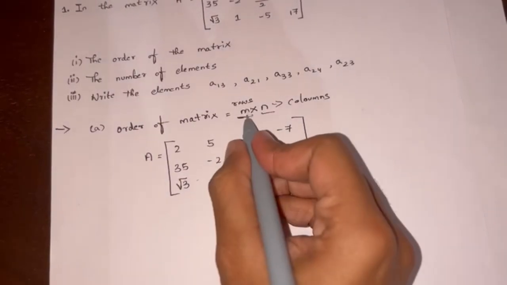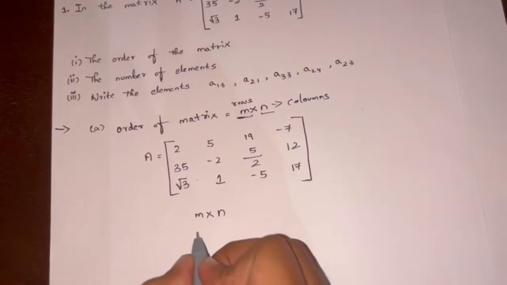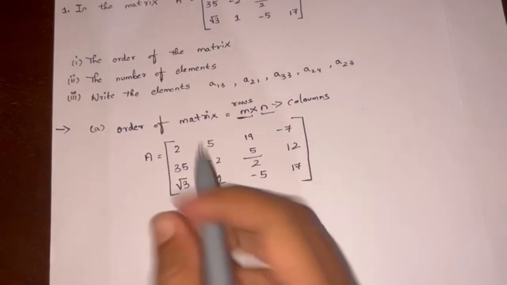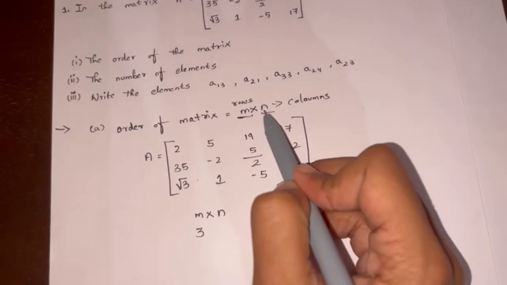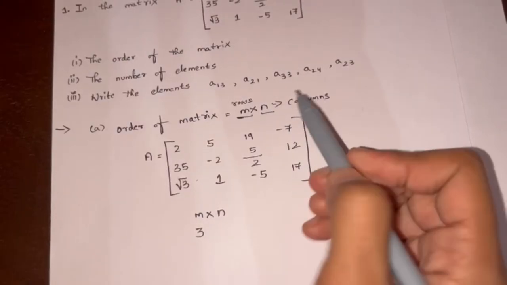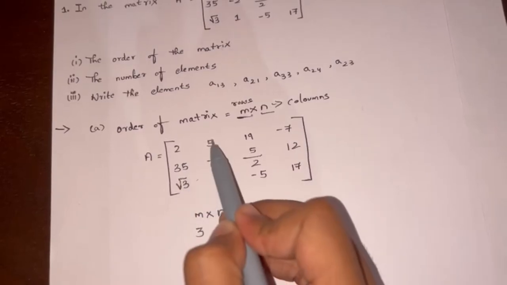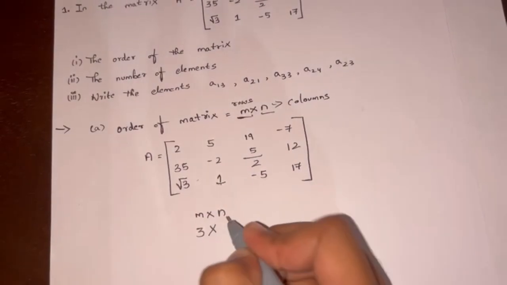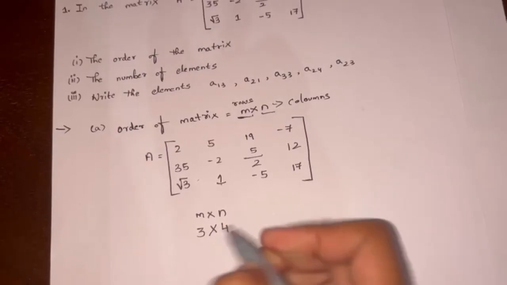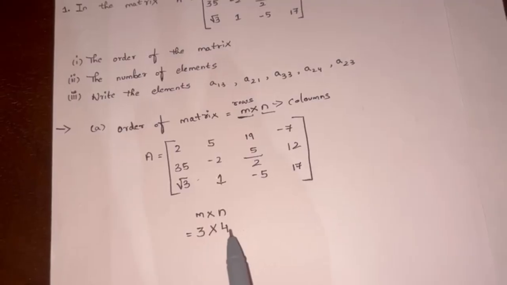So in place of M, we can write 3 because there are 3 rows and M represents number of rows. And N always represents columns. So let us know how many columns there are in this A matrix. First column, second column, third column, fourth column. So we know number of columns is 4. So we can say order of the matrix is 3 by 4 matrix.